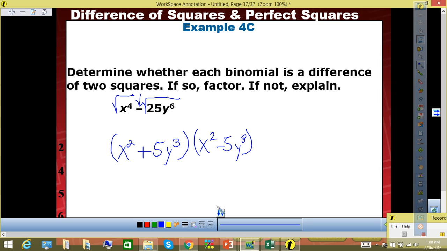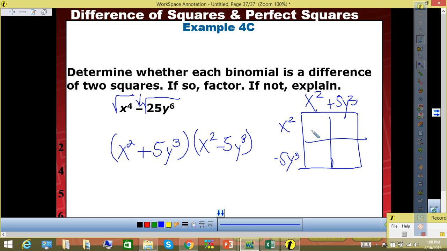Is everybody following? Yes? If I was to multiply this in the area model, x squared plus 5y cubed, x squared minus 5y cubed, watch what happens. x squared times x squared, x to the 4th. x squared times 5y cubed, that's 5x squared y cubed. Negative 5y cubed times x squared, negative 5x squared y cubed.